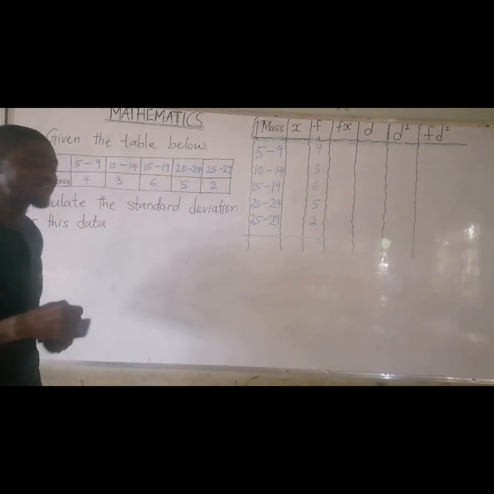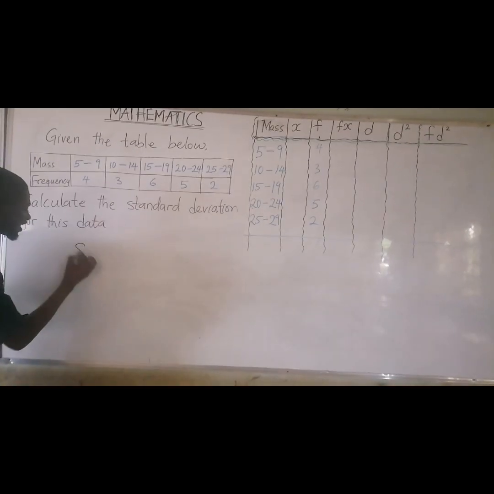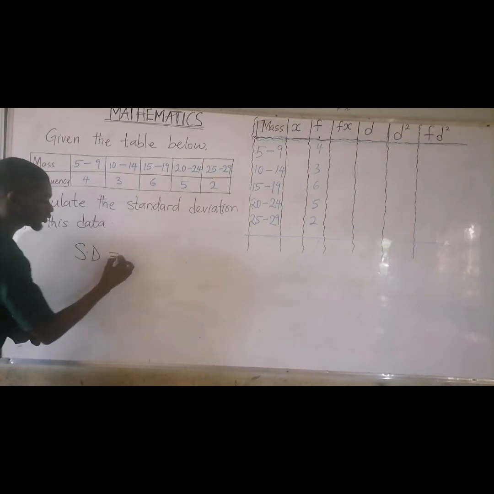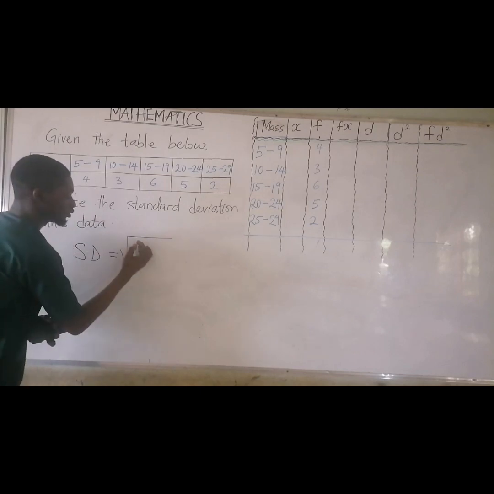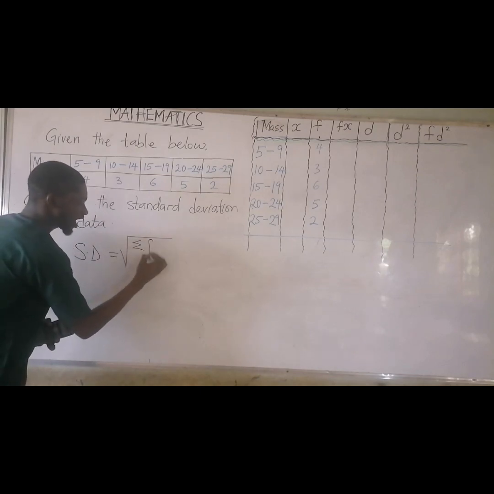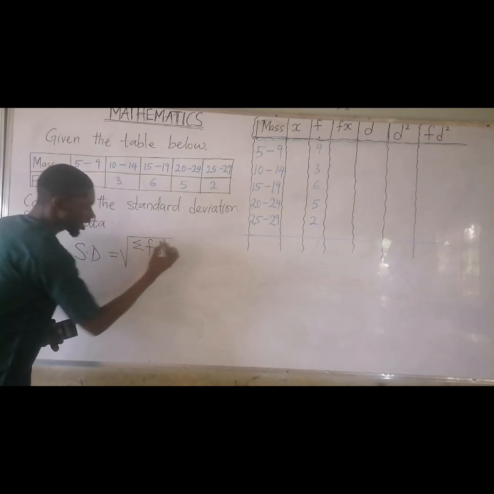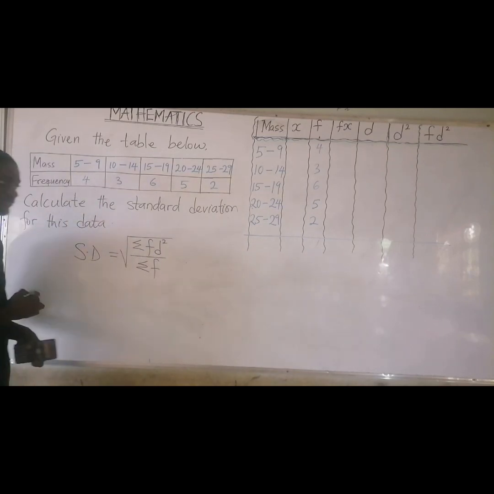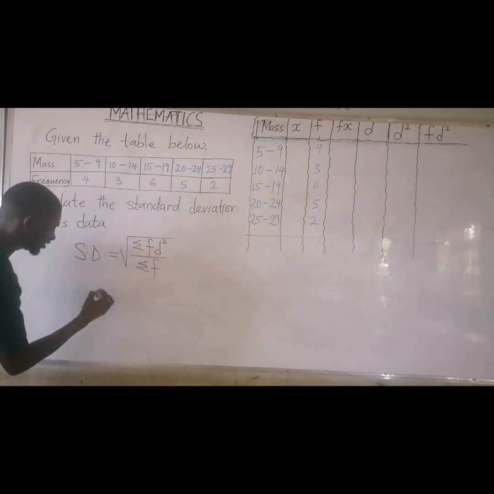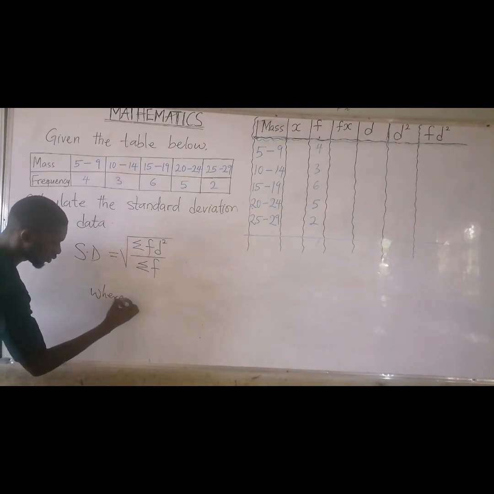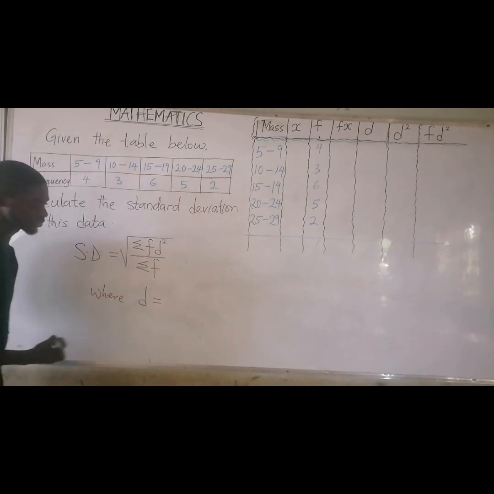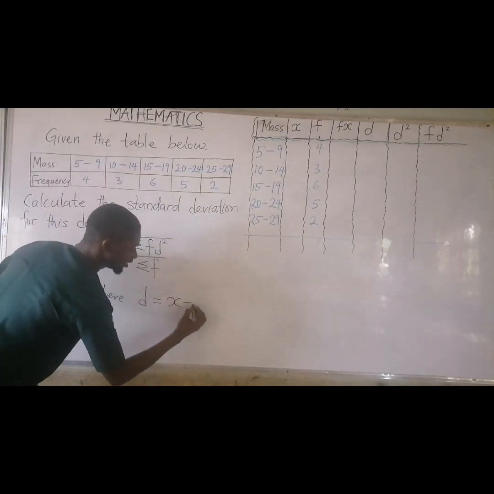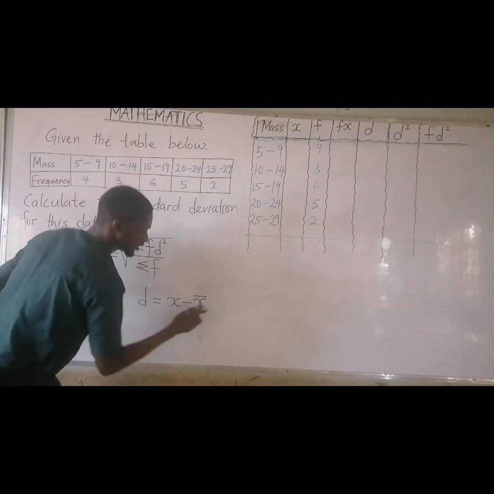The formula for standard deviation is SD, that is the standard deviation, is equal to the square root of summation FD square divided by summation F, where D is equal to X, that is each value minus the mean value.